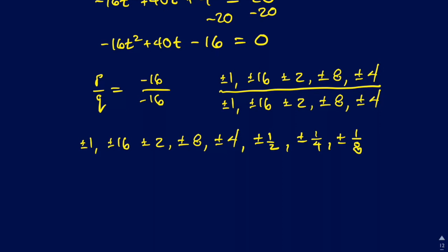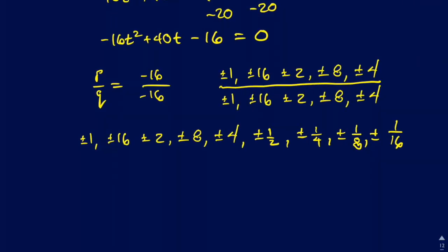Everything else pretty much goes: 8 over 16 is 1/2, which we already have, 8 over 8 is 1, 8 over 4 is 2, 8 over 2 is 4. Finally, what we have left is plus or minus 1 over 16. So here is our list of all the possible rational zeros of this polynomial, and I think it's fair to say these are all going to be considered.